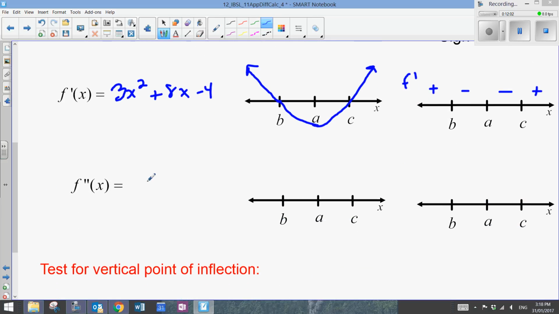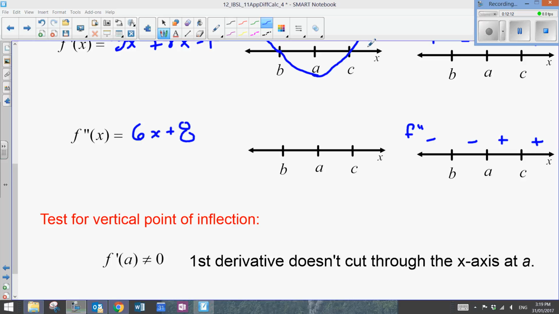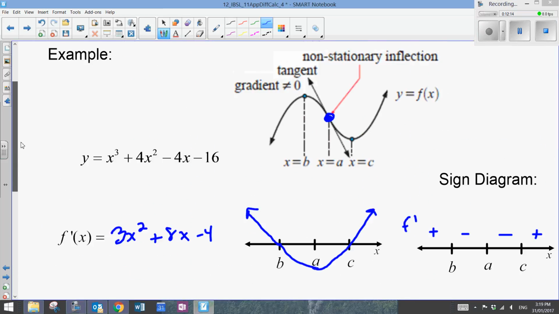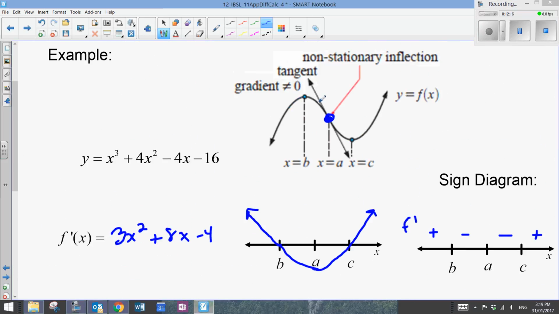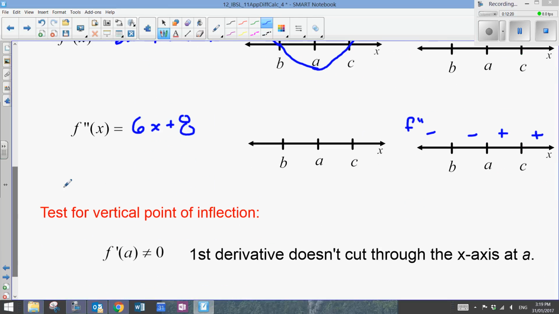If I apply this to my second derivative, it's 6x plus 8. Go ahead and pause here and see if you guys can figure out what your second derivative would look like. So based on your original function, again, we're concave down, down, up, up. So my second derivative would show down, down by being negative, negative, up, up by being positive, positive.